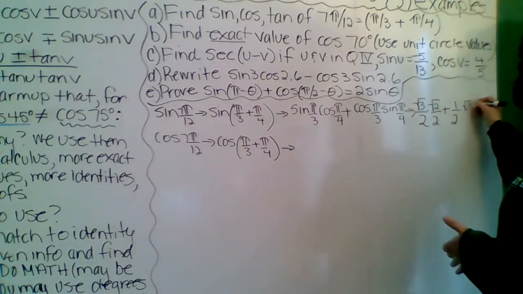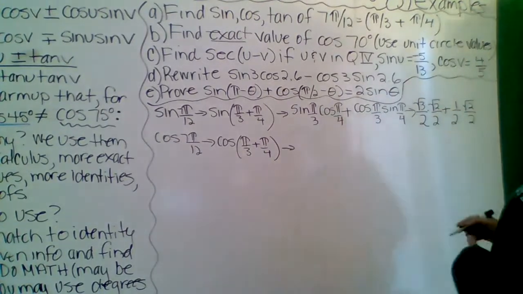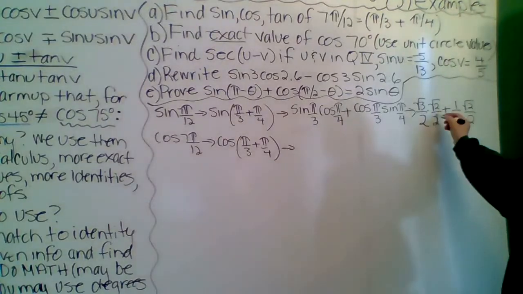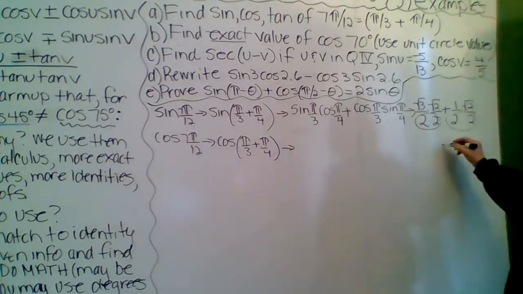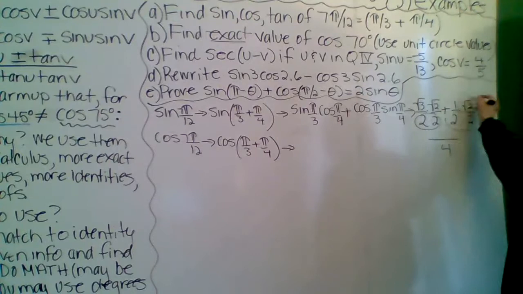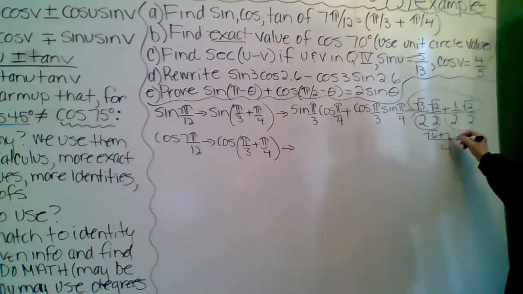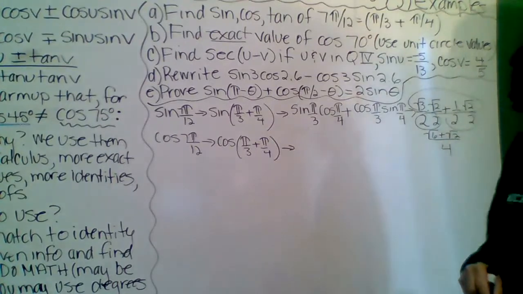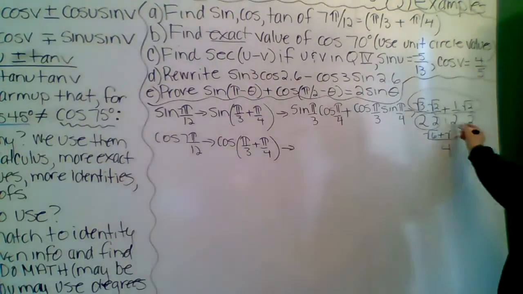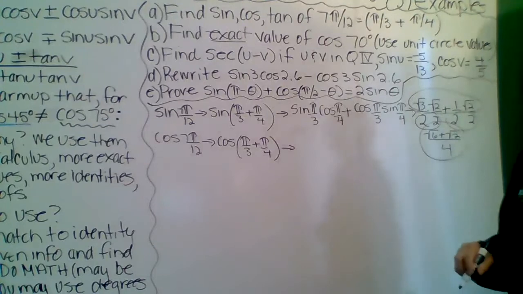Sine of pi over 4 is the square root of 2 over 2. Notice what I get then is I have a common denominator of 4, and my numerator is the square root of 6 plus the square root of 2. Your book might write the solution differently, but this is what I see.